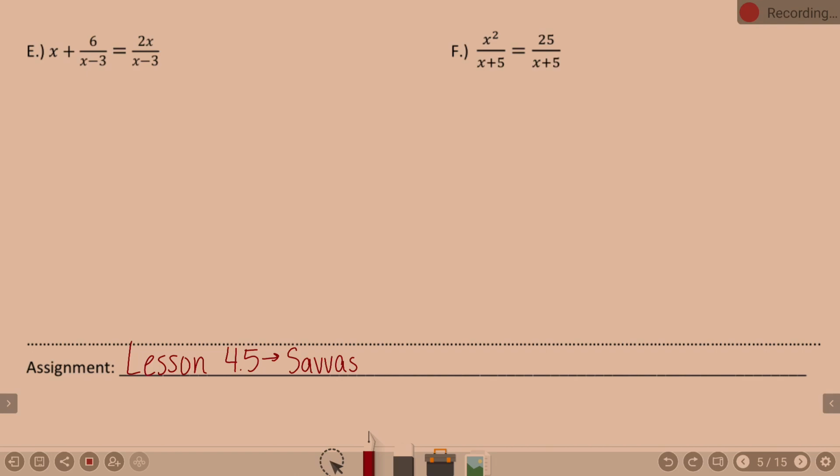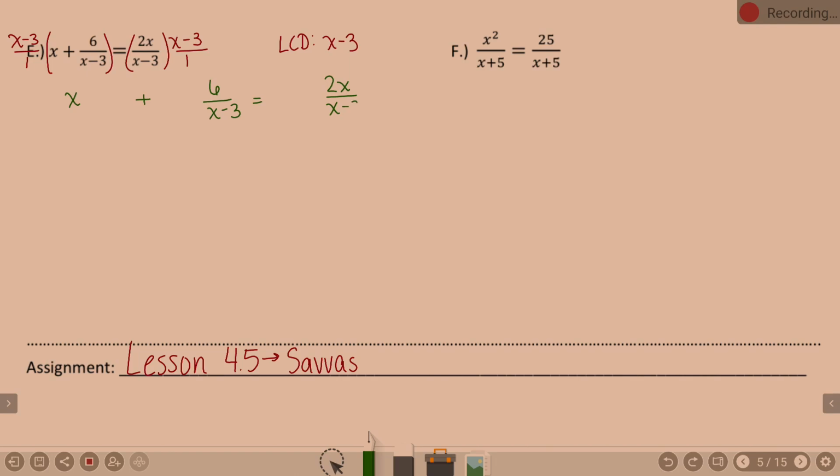LCD of x minus 3 and? The only denominator. So we're going to multiply everybody by x minus 3. Okay. I'm going to spread my equation out. x plus 6 over x minus 3 equals 2x over x minus 3.